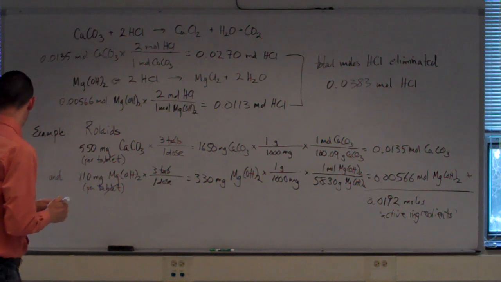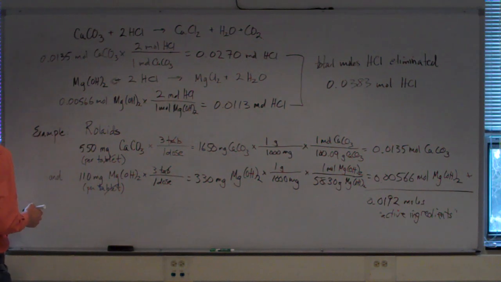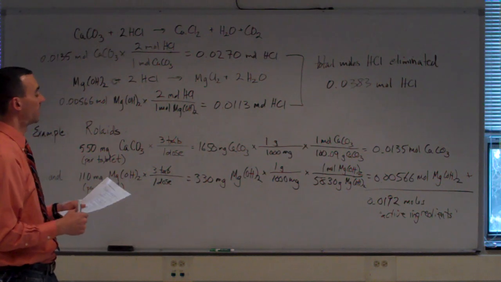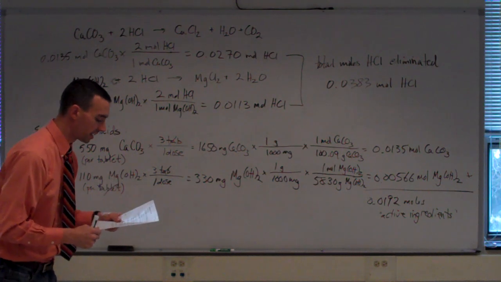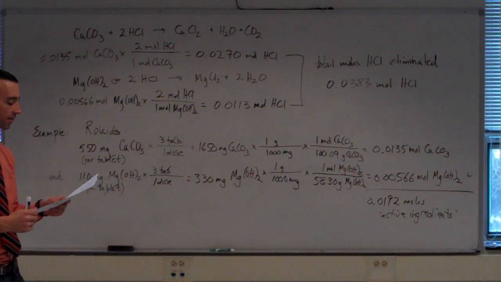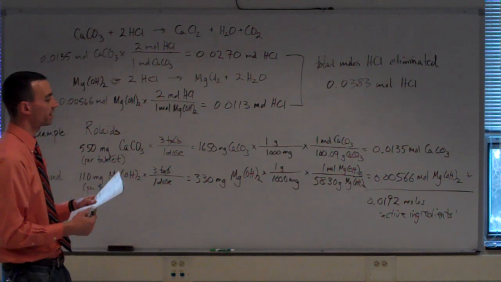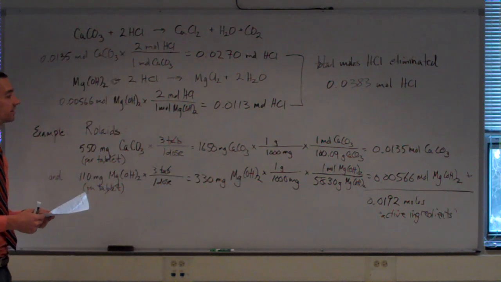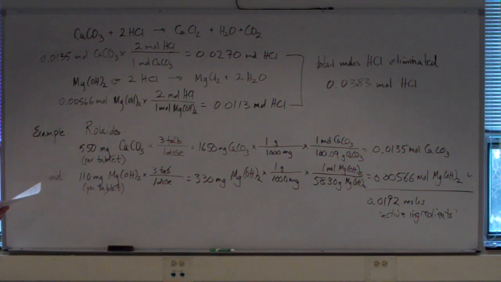That's the answer to the second pre-lab question that we have, for the number of moles of HCl that can be reacted or neutralized by a dose of Rolaids. And that tracks directly from the first answer that we had as well. Okay?